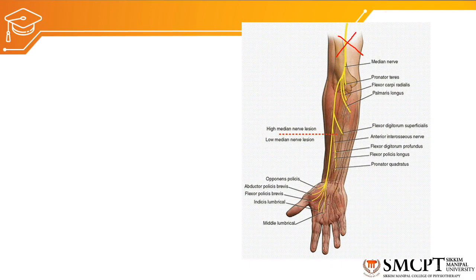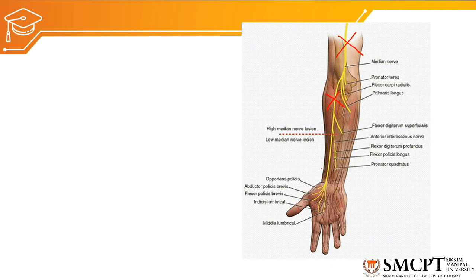If the level of injury is at the proximal forearm, then the pronator teres, flexor carpi radialis, and palmaris longus may be spared, and the other functions distal to this injury will be lost.